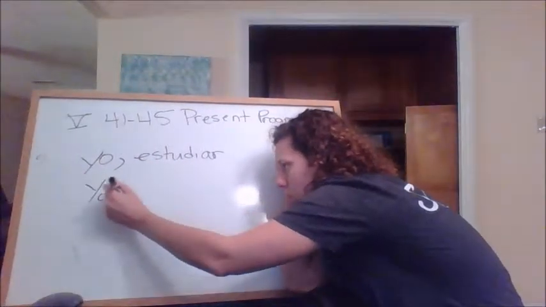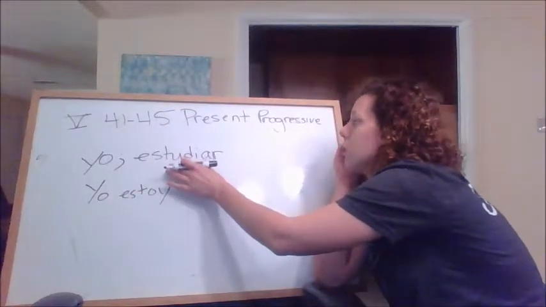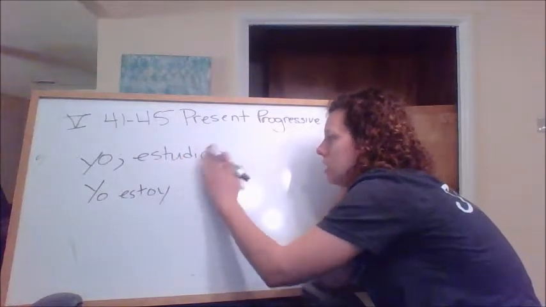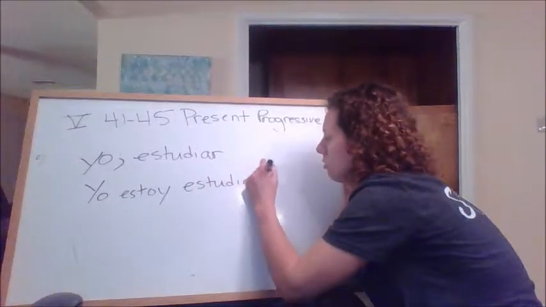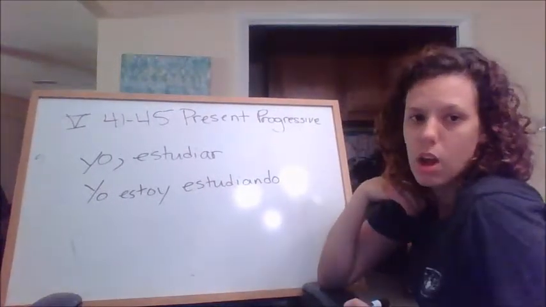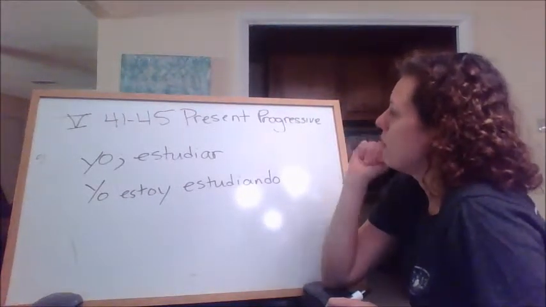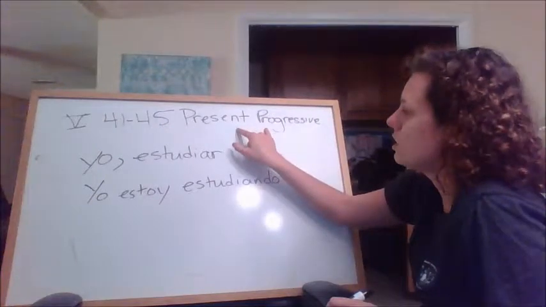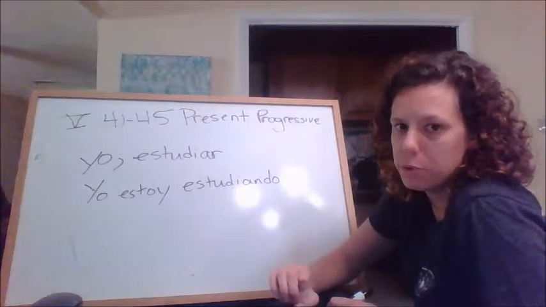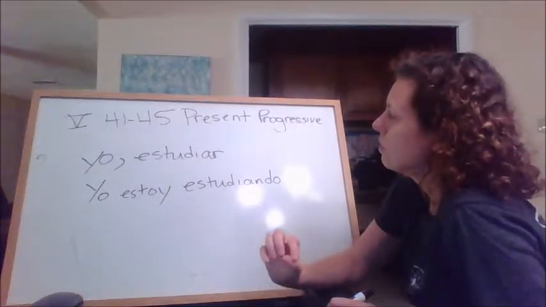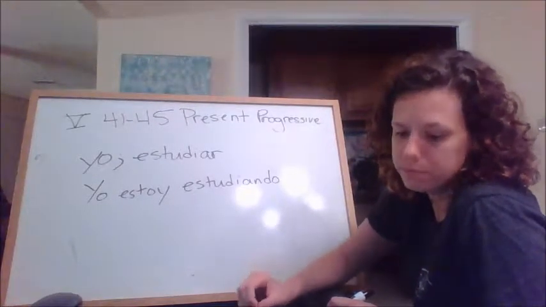So I say yo estoy. Then I take this verb and I make my present participle. I take off the AR and I add ando, so it becomes estudiando. Okay? I know I've said this already, like twice. If you can remember that the present progressive has to have estar and the present participle, then you should be fine. The issue is going to be remembering that estar is in there.